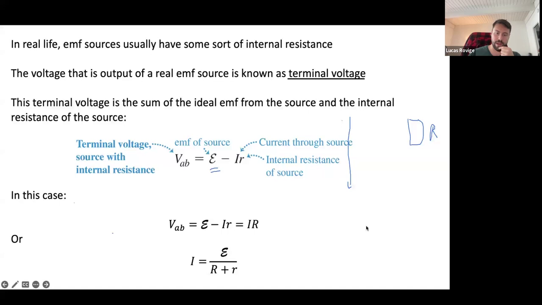And so if we come back to the situation where we have our EMF source connected to a resistor somewhere, then if our EMF has an internal resistance, the current that will be going through the resistor will be modified by the internal resistance of our EMF source, and we have to take that into account.